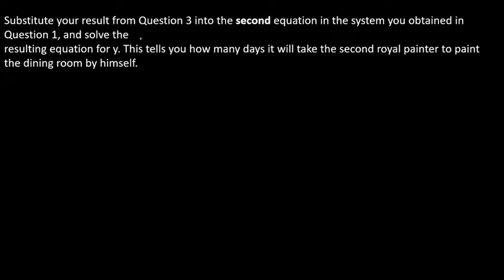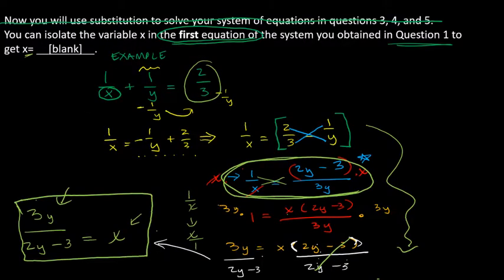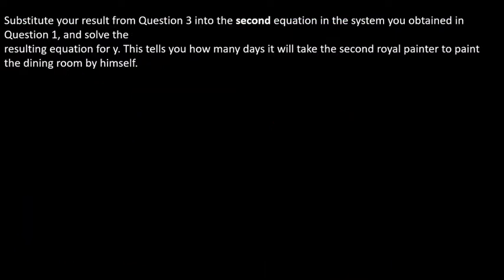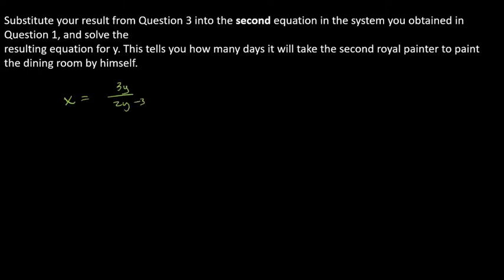Now it says substitute your result, which I've already forgotten. What was it? 3y over 2y minus 3. So I got x equals 3y over 2y minus 3. They're saying substitute this answer into the second equation in the system you obtained in question 1.